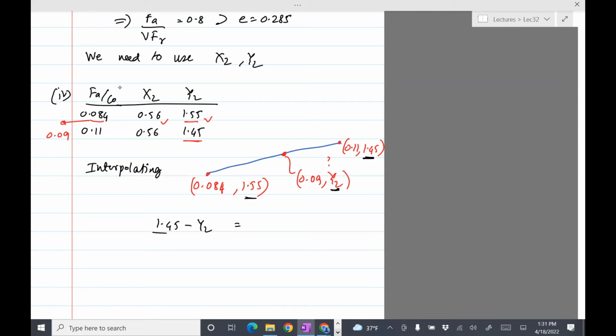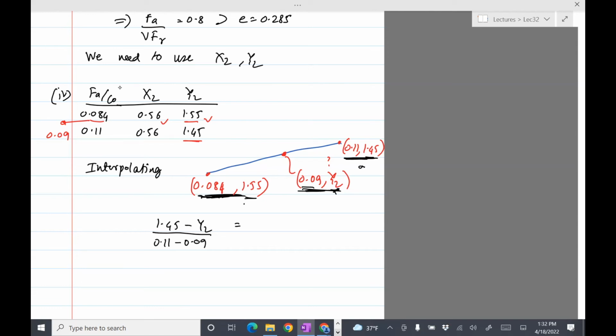And so correspondingly, I need to take the x coordinates. So 0.11 minus 0.09. Note I took this point and this point in my equation here. Don't take these two and then the third one. It should be the same. It should be proportionate values. Then we'll take this value and this value. You could potentially take this one and this one, it's up to you. Just that if you use the first and the third one, then you will get a numeric value. That's why I'm using the first and third.